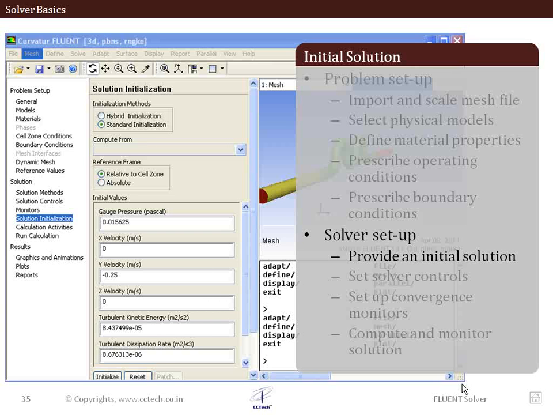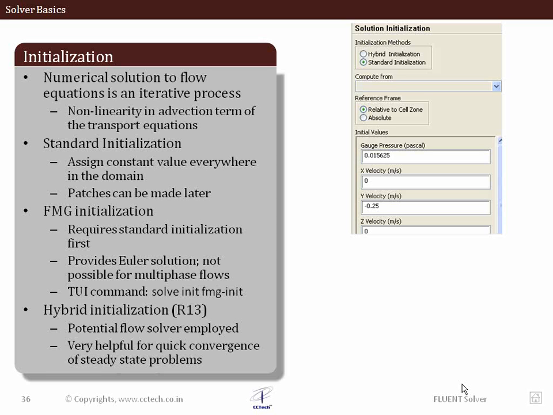And in this case, it starts off with an initialization, and then it's an iterative process. The initialization in Fluent can be done in three different ways. One of them is that the initialization can be done simply by giving a constant value in all the cell points in your domain. That's the standard initialization which was available ever since the beginning of ANSYS Fluent, or Fluent as it was earlier called.